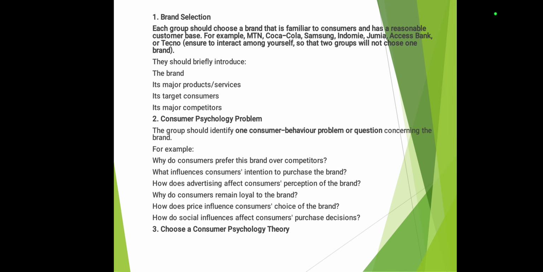You might also want to look out for price and how it influences their choice of the brand. You can also look out for social influences that affect their decision. Social influences here can be influence from friends, family, significant others, celebrities, and so on and so forth.